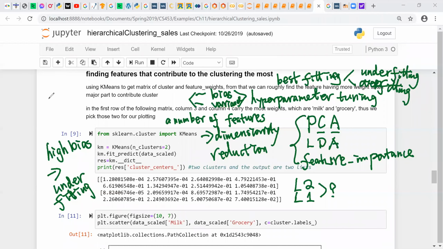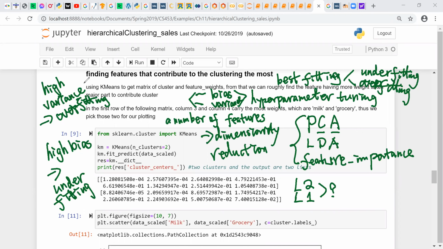And high variance normally leads to what? High variance. Overfitting. Yeah, it's overfitting. Keep all of this in mind. High variance means what? Your data distribution is spread out too much.